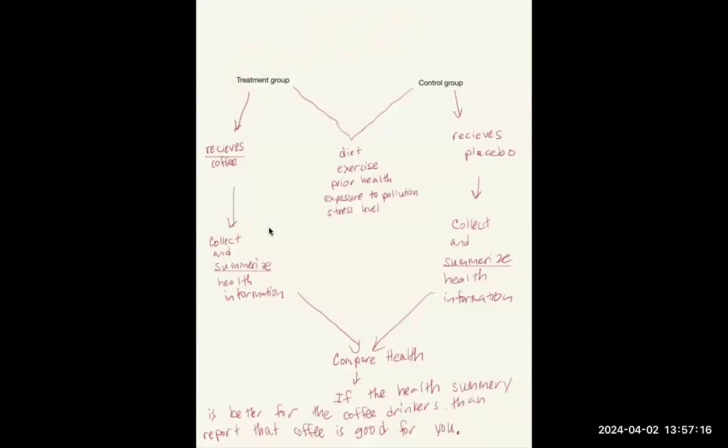Maybe you started with the sampled people that you wisely chose using the methods that we talked about in the prior section. And from that sample of people that are going to be in your experiment, you put half of them ideally in a treatment group and half of them in a control group.